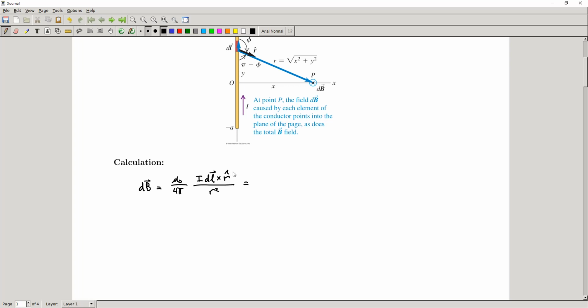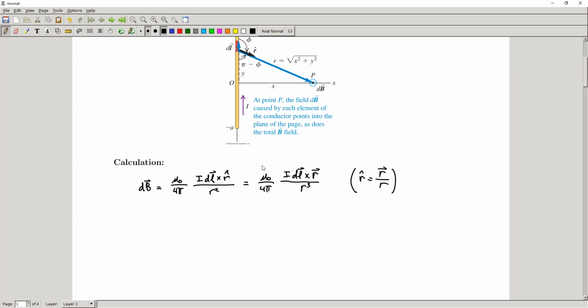So we know that we can just rewrite this as mu naught over 4 pi times I dl cross r vector over r to the third, right? And again, this is because we know that r hat is simply equal to r vector over r, right? So we just replaced our r hat with an r vector on the top and an extra r in the basement, okay?